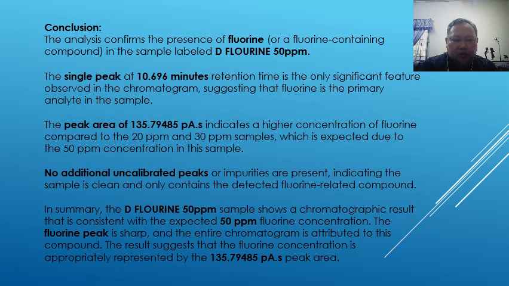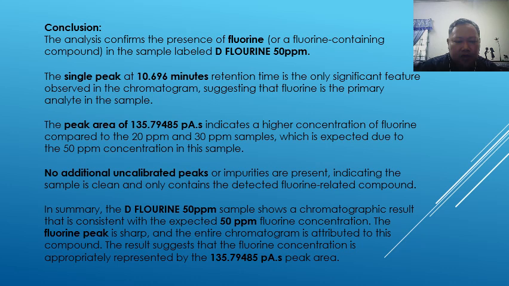Next is the conclusion for 50 ppm. The analysis confirmed the presence of fluorine or fluorine-containing compound in the sample labeled defluorine 50 ppm. The single peak at 10.969 minutes retention time is the only significant feature observed in the chromatogram, suggesting the fluorine is the primary analyte in the sample.